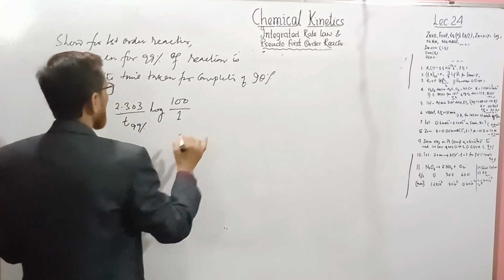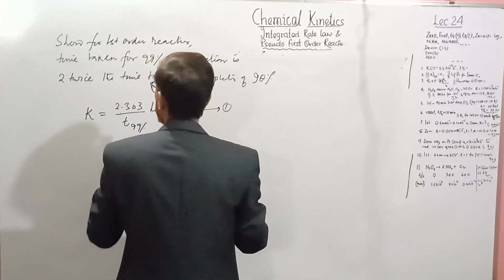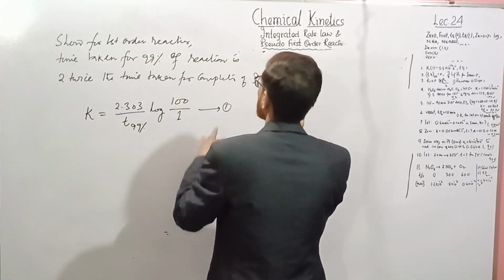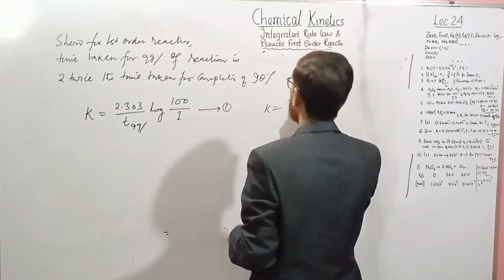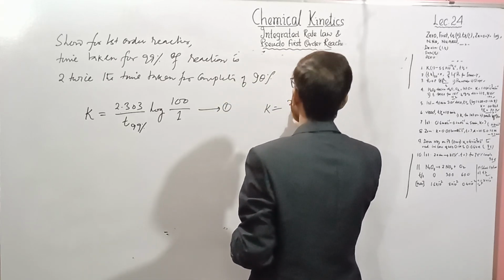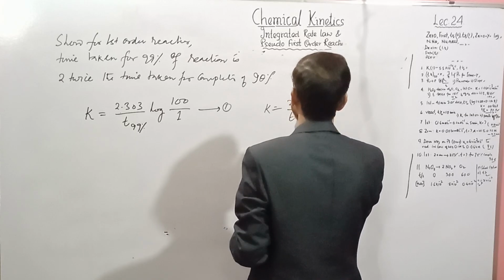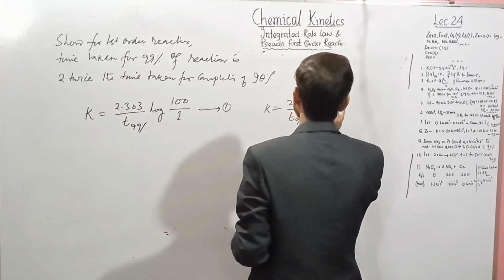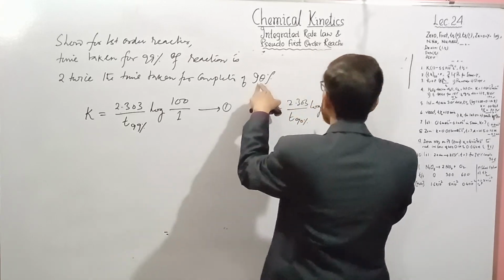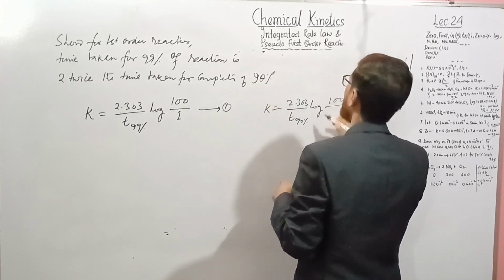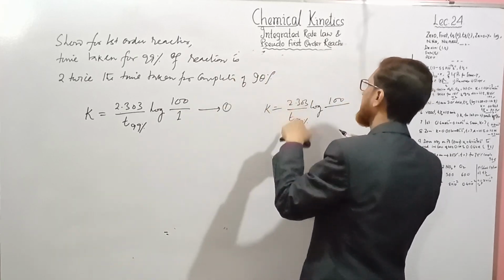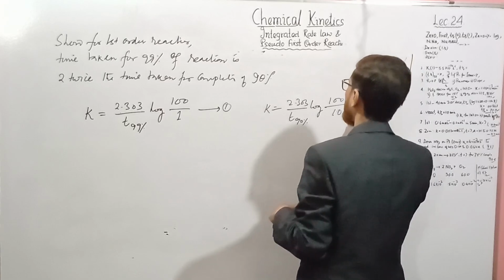Am I right? So you are getting 1, and here for the second, 90%, am I right? 2.303 divided by T of 90%. How much? 90. Am I right? If it is 100, then 100 minus 90 is a minus x, that is 10. You are here getting 10.